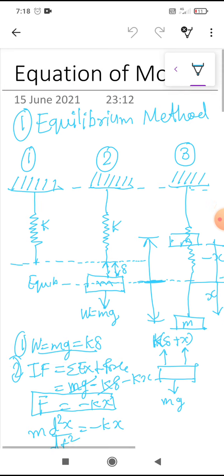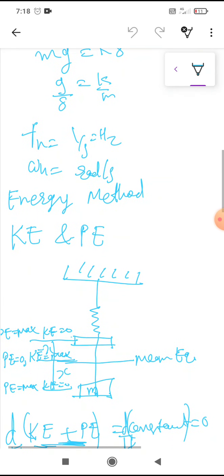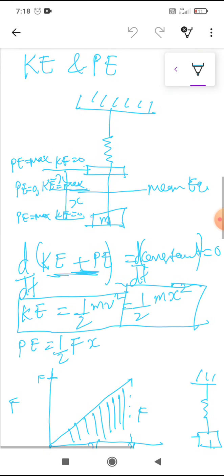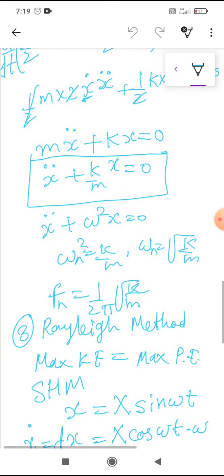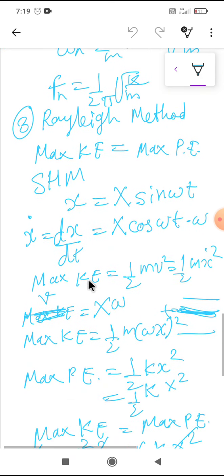The second method was the energy method, where we added the total energy, that is kinetic energy plus potential energy, which is constant, and then we differentiated it and equated it to zero, because the differentiation of any constant is zero. Then we used the third method, that is Rayleigh's method.